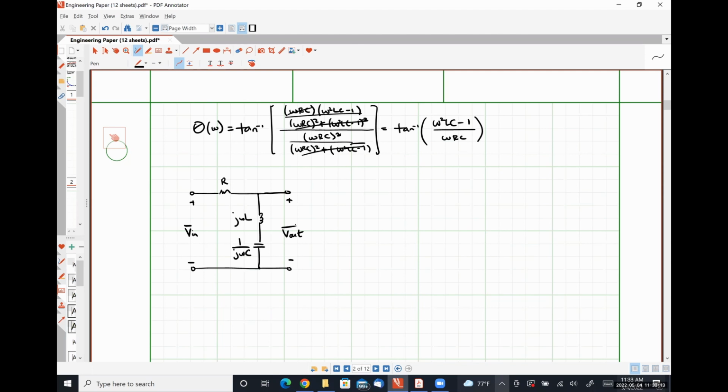So it stands to reason that this is going to be some combination of a low pass filter and a high pass filter, which we call a band stop filter. Okay.